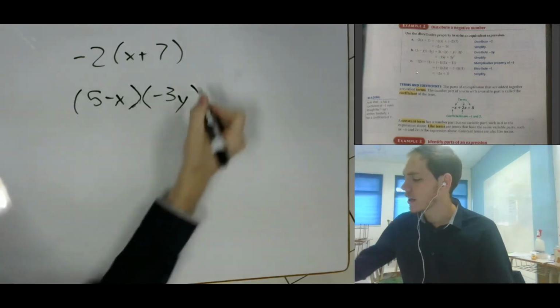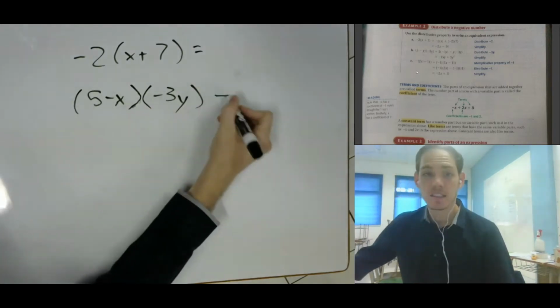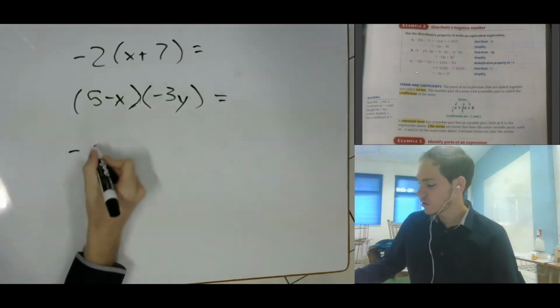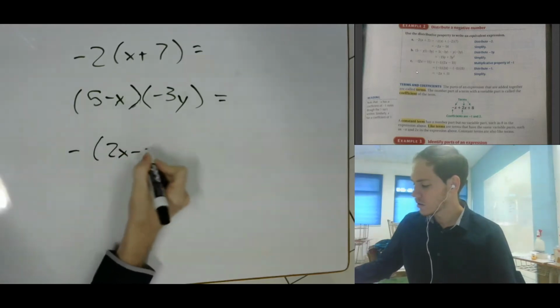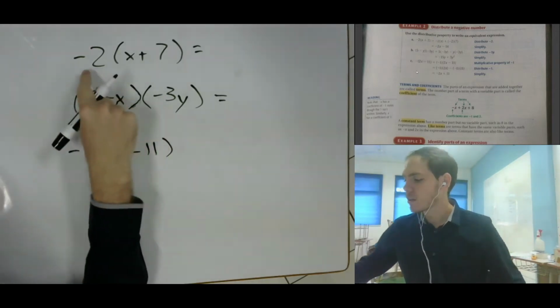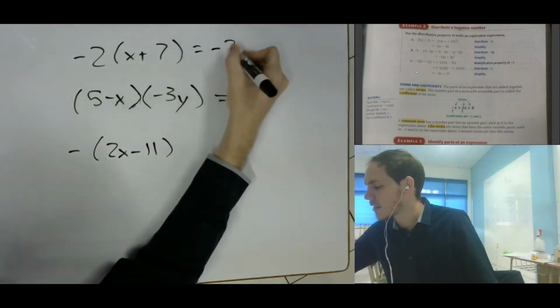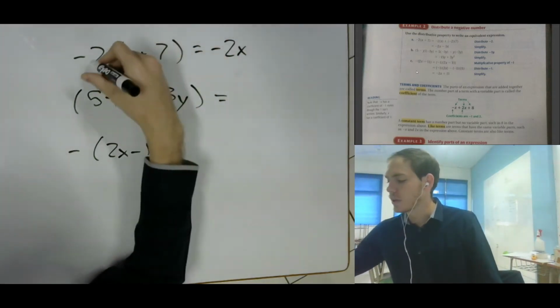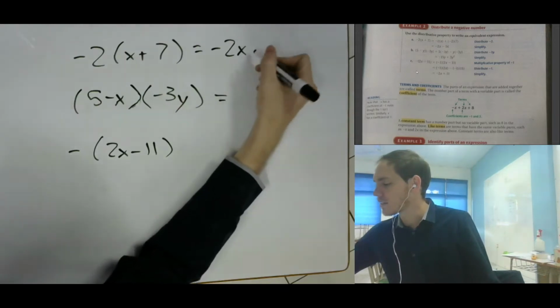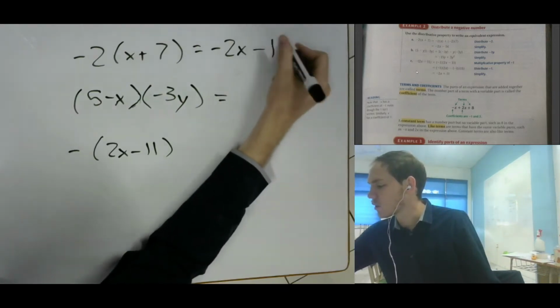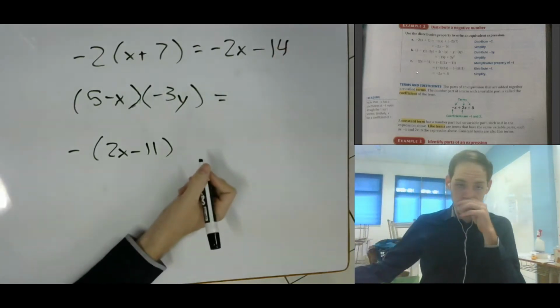Okay, what happens in these two? Multiply this negative 2 times x, so we get negative 2x. Multiply negative 2 times positive 7, we get negative 14, so we get subtract 14.